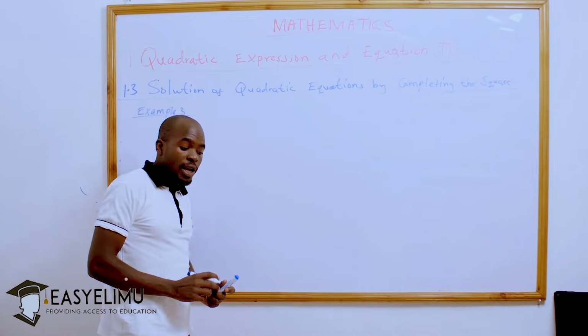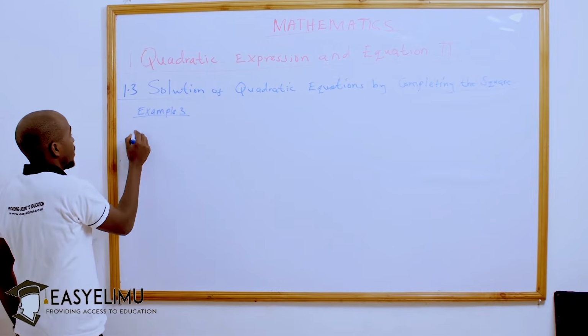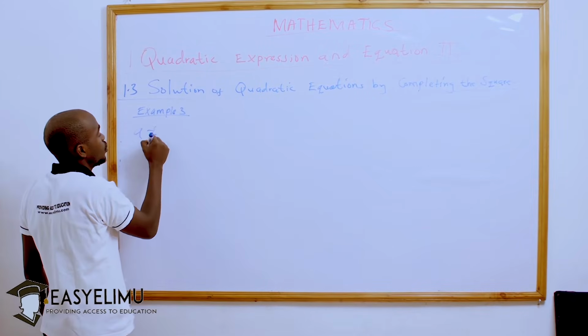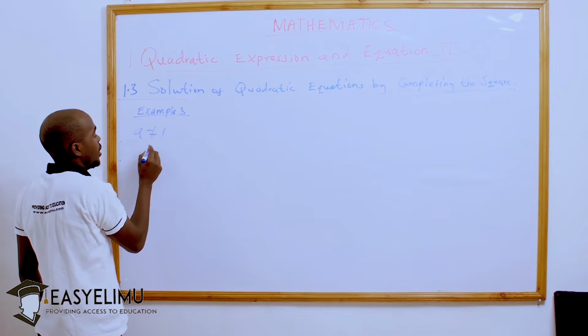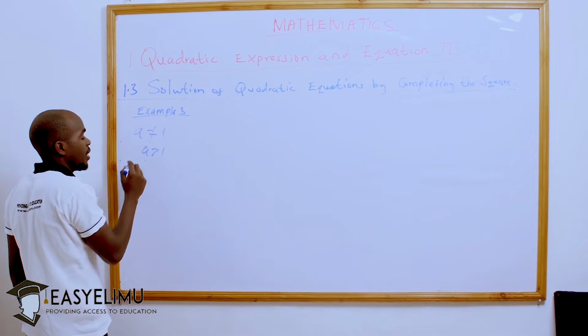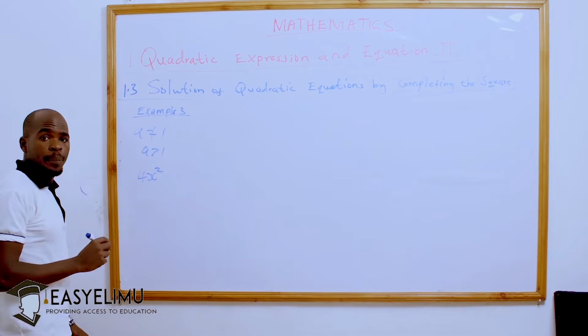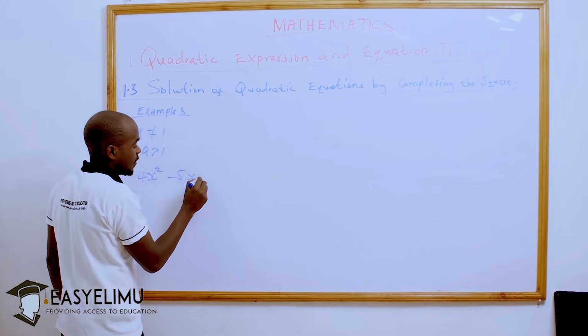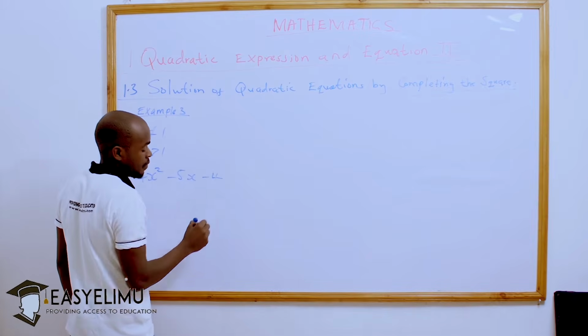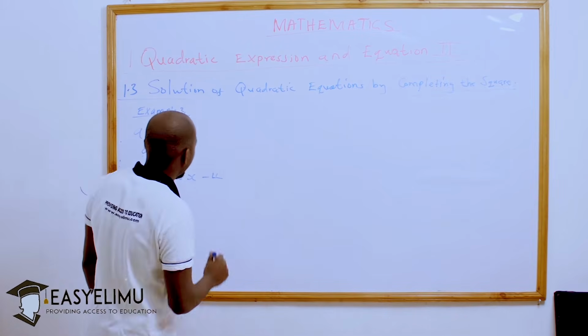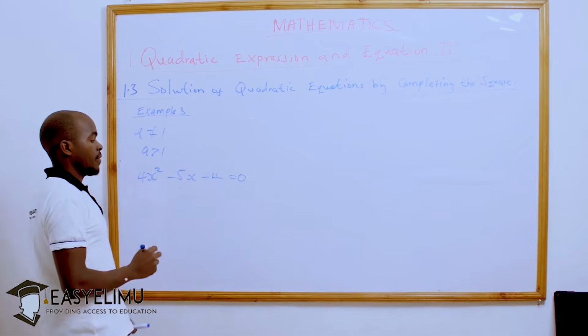Now let's look at another example where a is not equal to 1, meaning that a is greater than 1. For that one we can have 4x squared minus 5x minus 4 equals 0.